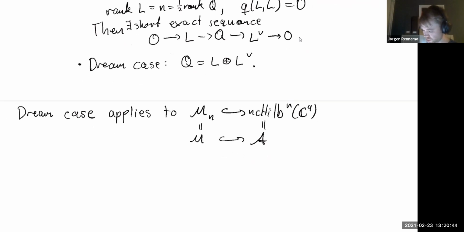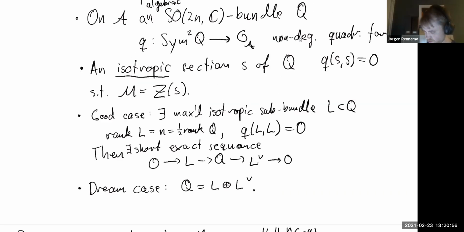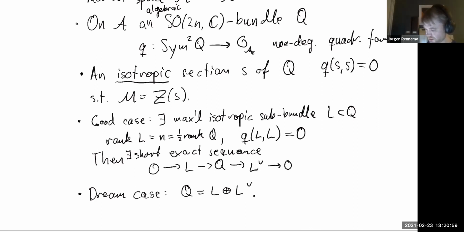Okay, so I want to say just one little thing about orientation, which is that, I've neglected to emphasize this, but Q isn't just a bundle with quadratic form. This is an SO bundle, so there's also an orientation on it, and there are various ways of giving the data of that orientation.